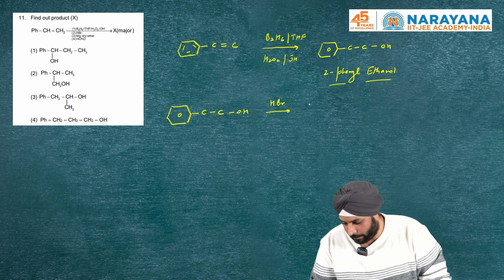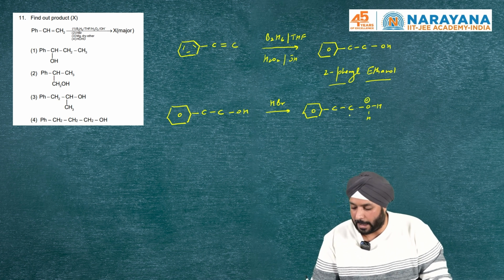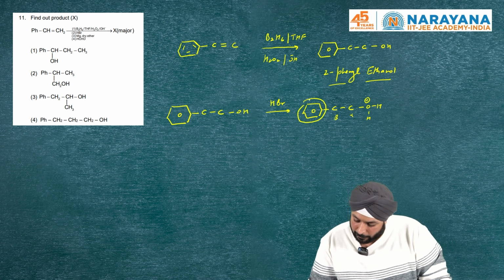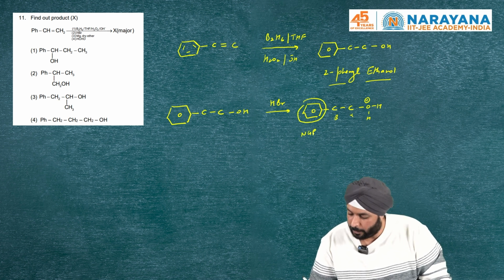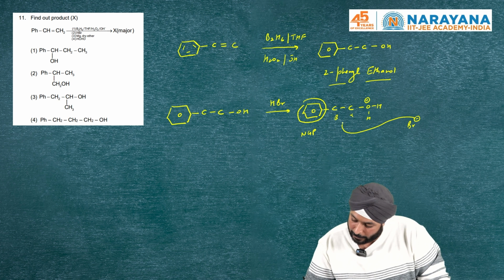Now here H plus will activate OH into a good leaving group, and I have alpha, beta. I have a beta phenyl group that will be involved in NGP. Moreover, there will be a large amount of Br minus which will undergo SN2 reaction.